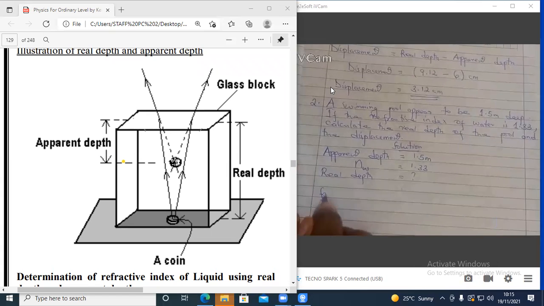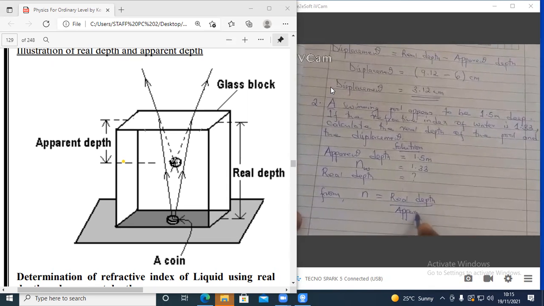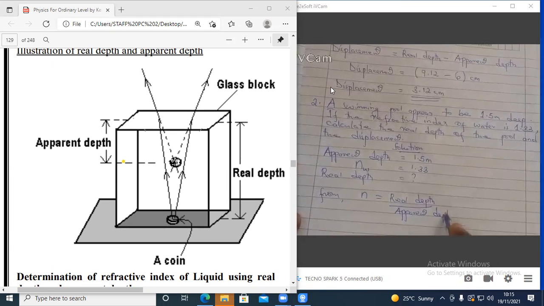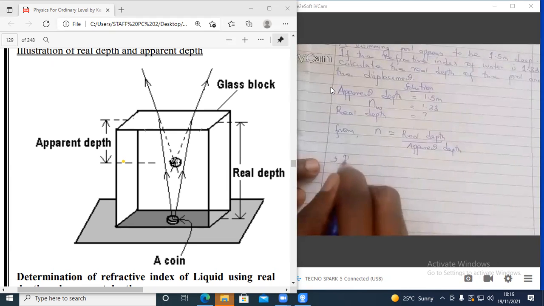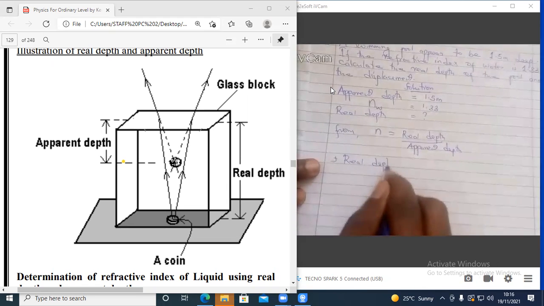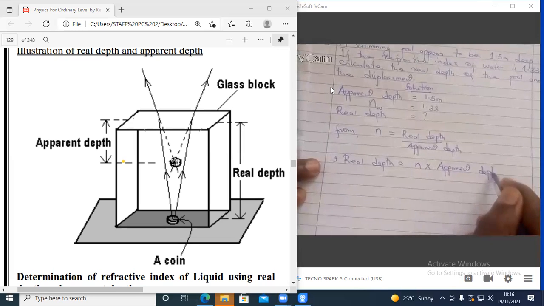From refractive index equals real depth over apparent depth, which implies that real depth equals refractive index times apparent depth.